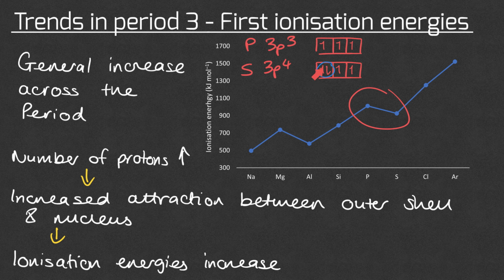So we're removing a paired electron in sulfur compared to an unpaired electron in phosphorus. This paired electron experiences some repulsion, because obviously the spins aren't aligned, they've got opposite spins, which means it's actually easier to remove a paired electron than an unpaired electron. So that explains why sulfur has a slight dip in its ionisation energy compared to that of phosphorus.